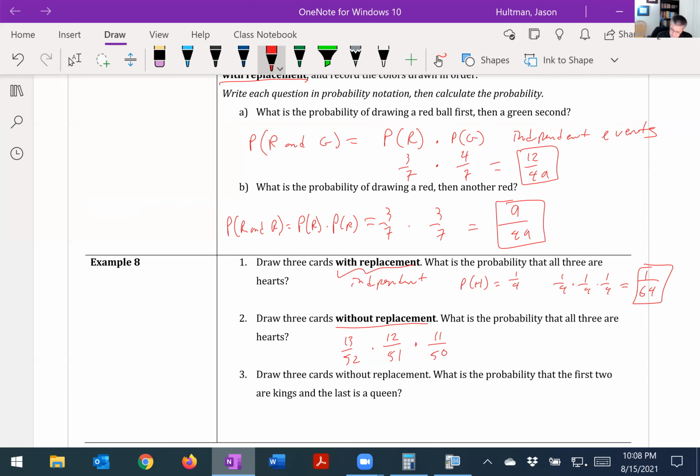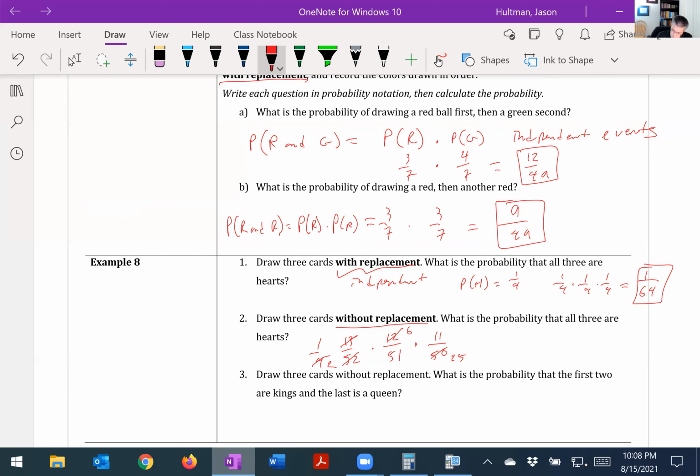I can reduce some of these. I can reduce the 13 and the 52 to 1/4. The 12 and the 50 I can reduce. This becomes 25 and this becomes 6. The 6 and the 4 I can reduce.